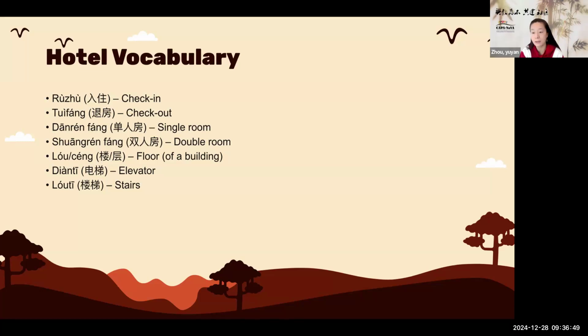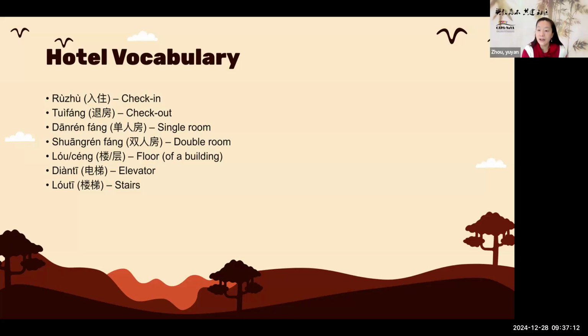They all mean similar things. So you can say any floor, right? First floor would be 一层 or 一楼. Second floor would be 二层, 二楼. Third floor would be 三层, 三楼, etc.